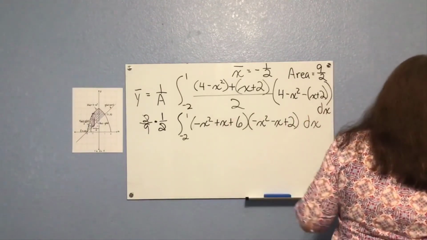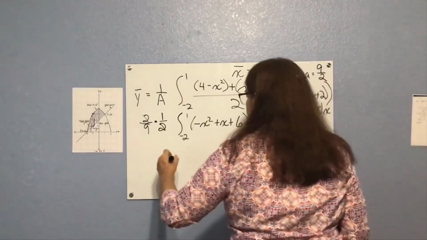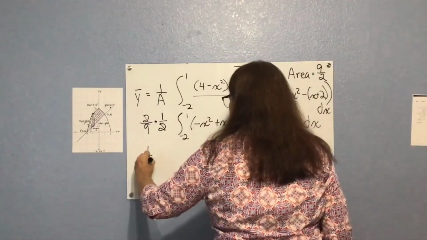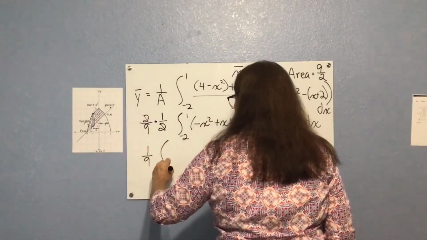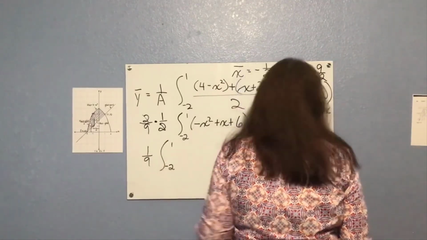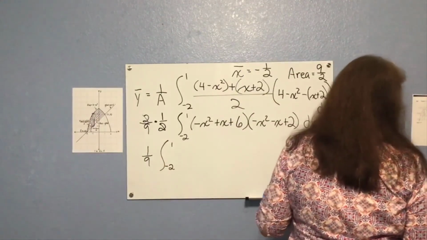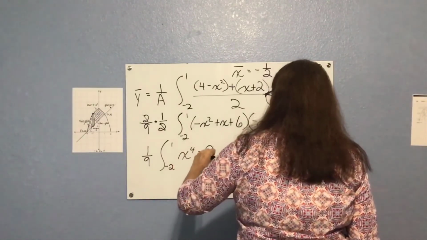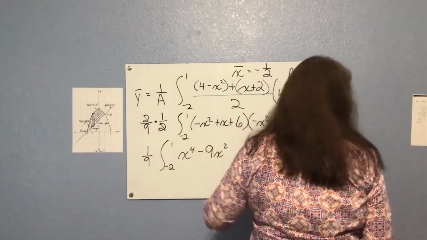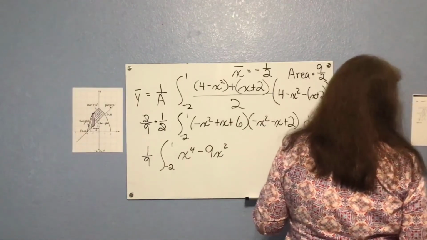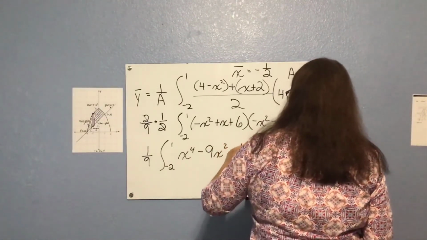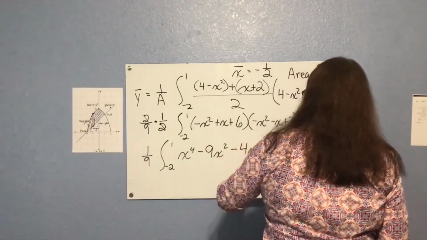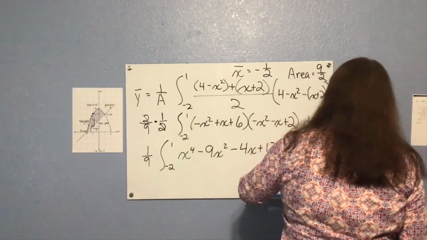Okay, when I multiply all of that out, I have 1/9 times the integral from -2 to 1 of x to the 4th minus 9x squared minus 4x plus 12 dx.